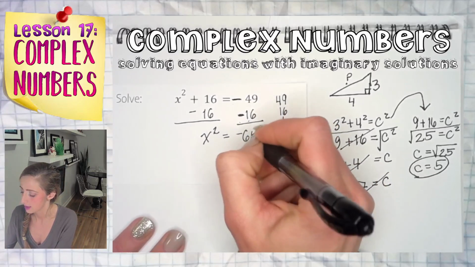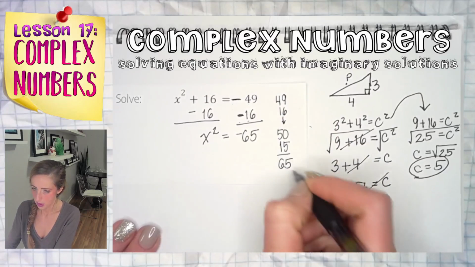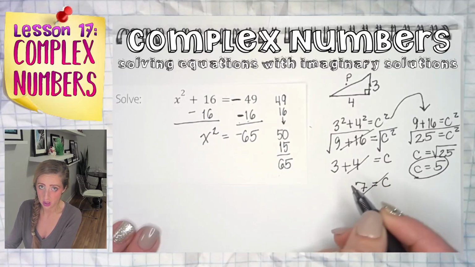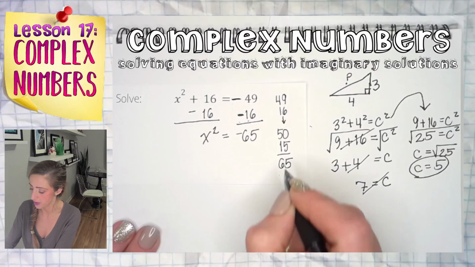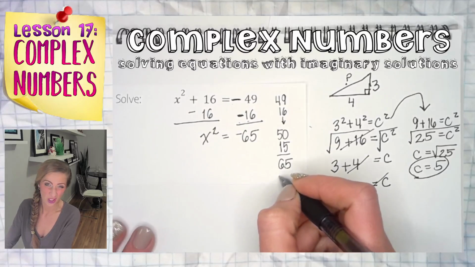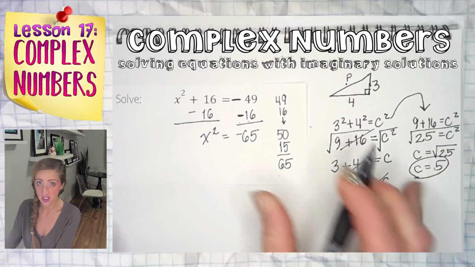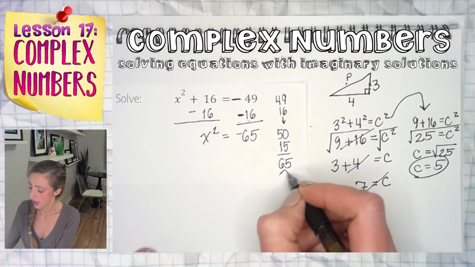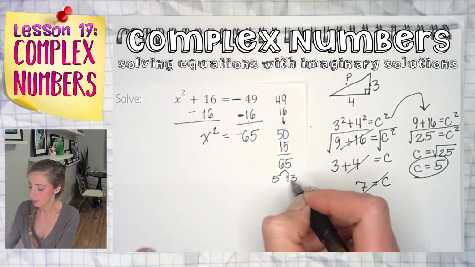Negative 65. Maybe we are even already thinking about what multiplies to give us 65. 5 definitely goes into 65, right? Well, maybe you just count on your fingers. 5 times 10 is 50, 55, 60, 65. So 13, and both 5 and 13 are prime.